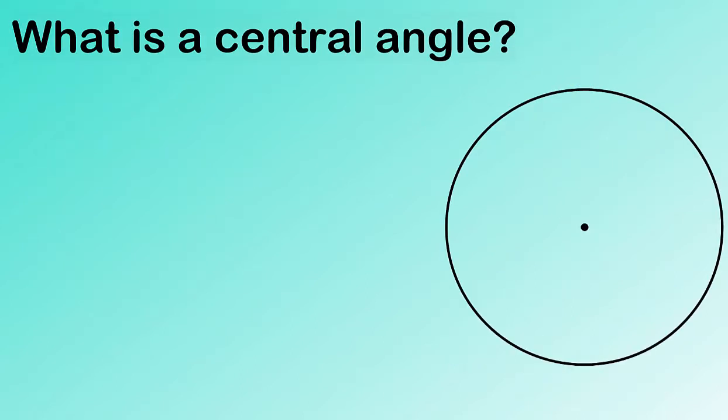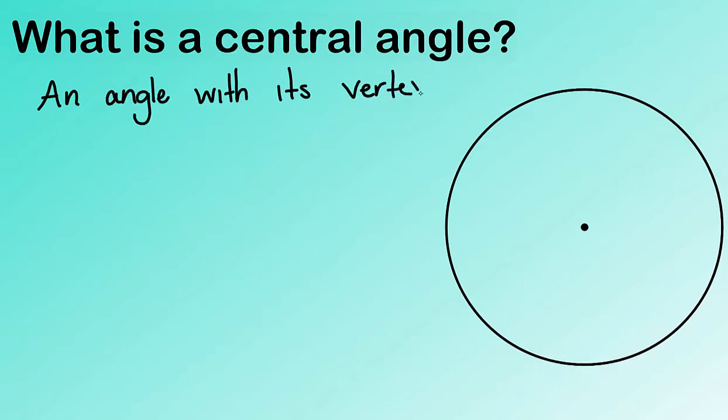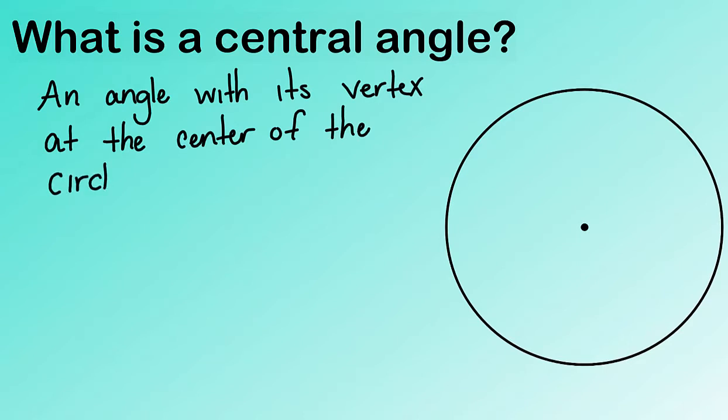The next thing that you'll need to know is what a central angle is. A central angle is just an angle with its vertex at the center of the circle. We can draw one right over here.